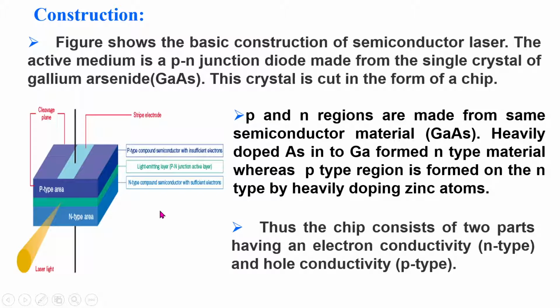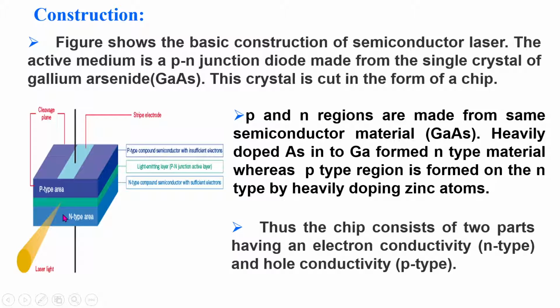I have already told you that a PN junction diode is used as an active medium. Such an active medium, that is the PN junction, is made from a single crystal of gallium arsenide.